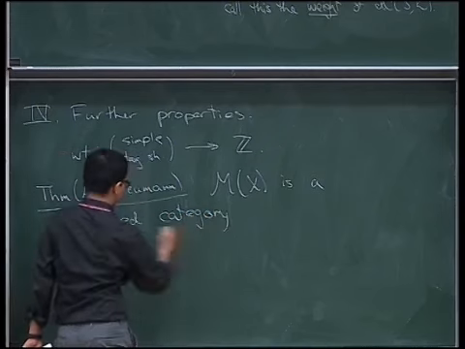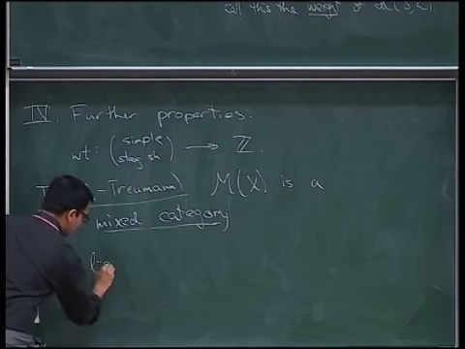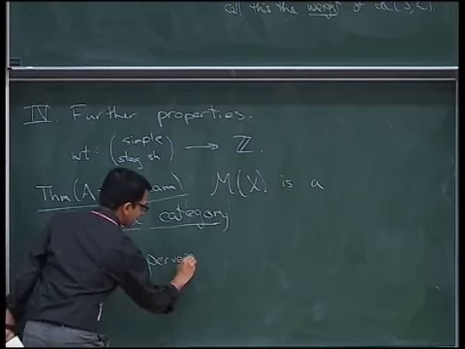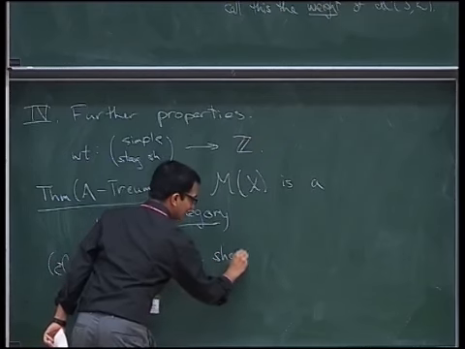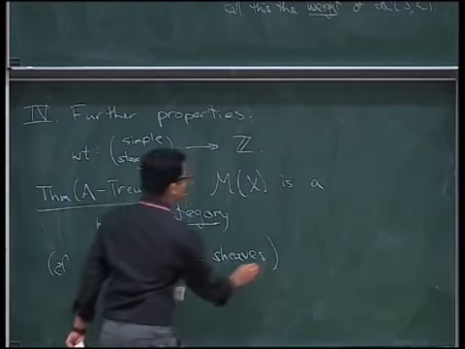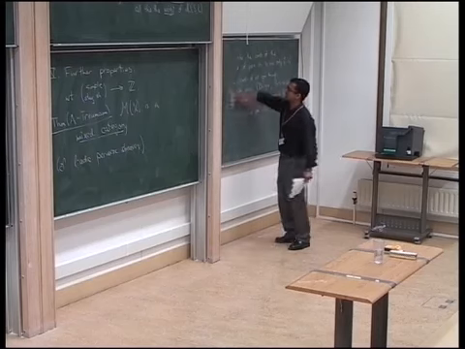Of course, the archetypal example of a mixed category is that of perverse sheaves, so L-adic perverse sheaves. I guess you actually have to be a little bit careful here: maybe L-adic perverse sheaves with semisimple action of Frobenius. But certainly that's where the motivation for this notion comes from. What this statement is, is an Ext vanishing statement.